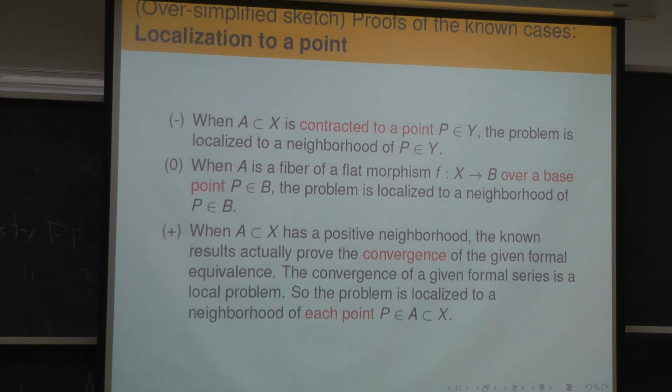And when you are interested in the convergence of a given formal series, it's already a local problem at each point. You are supposed to prove the convergence at each point. So the problem is localized to a neighborhood of each point, essentially. All of them involve some localization procedure to one point, and then apply the Artin approximation theorem.